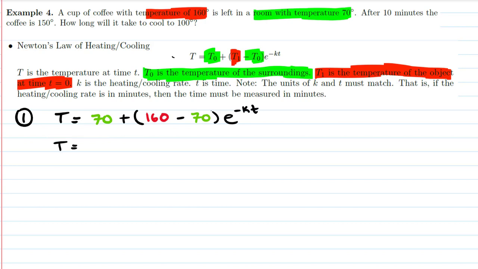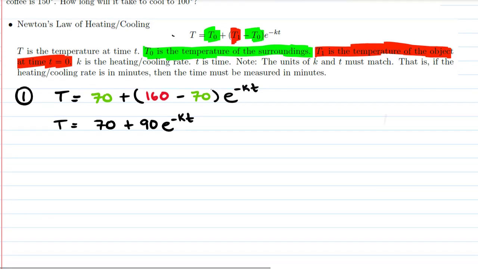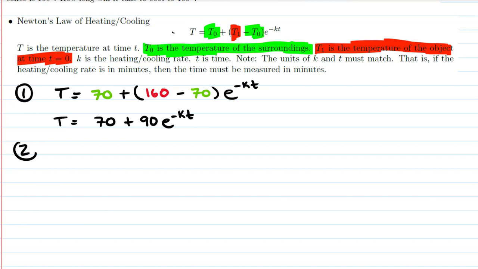So we simplify that up a bit. 160 take away 70 is 90, so 70 plus 90 e to the negative kt. That is our model that we're going to use. So now step 2 is we need to find a time and a temperature that go together.